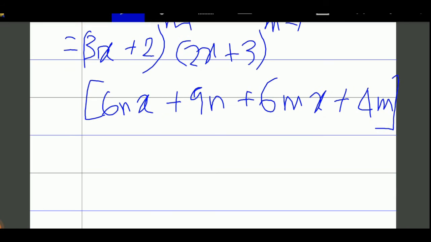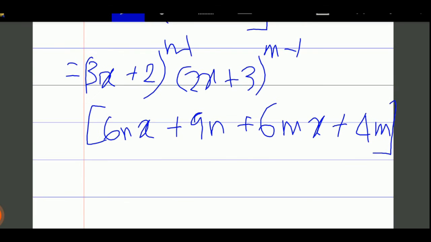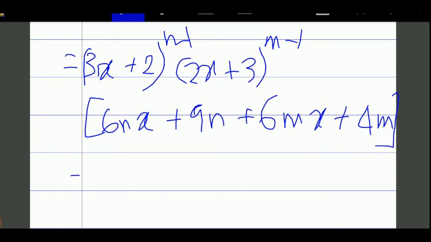Now we can further simplify this by taking common x.